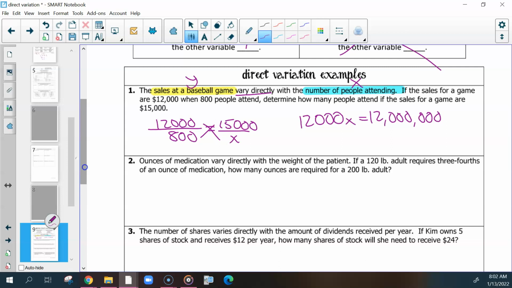Oh. And then 12,000 in X. And then dividing both sides by 12,000. So our X would be 1,000, and because these are word problems, we need units, so 1,000 people.